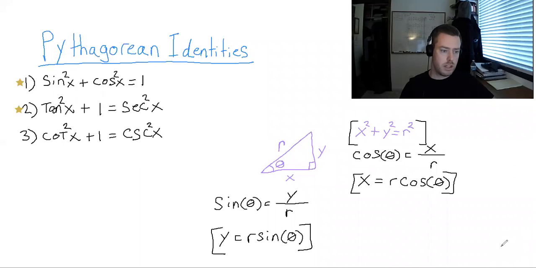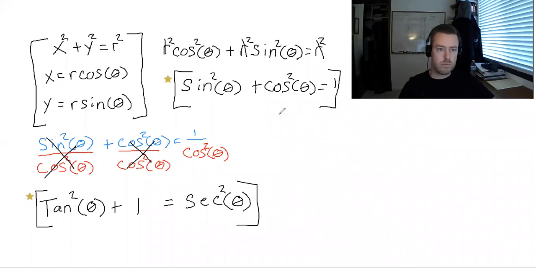All right, so the last one is cotangent squared of x plus 1 is equal to cosecant squared of x. Let's see, what do we want to do? Let's do blue again. Let's take this equation and see if we can get it. Well, last time we divided both sides by cosine squared.